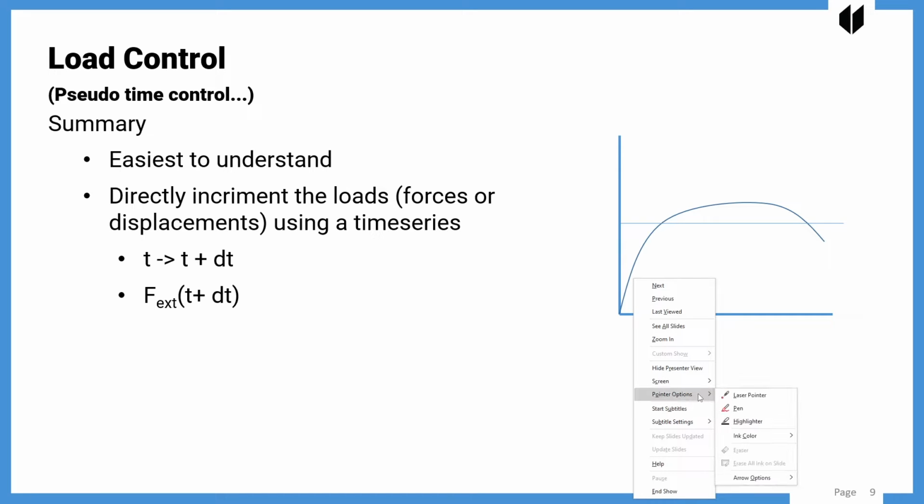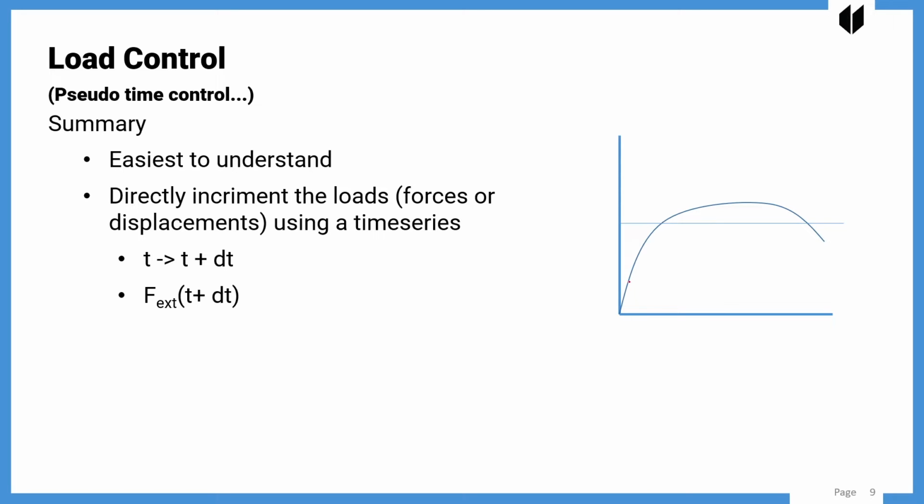And yeah, with load control, you are doing Newton Raphson iterations. So your iterations will look something like that maybe. And as we go from step 1 to step 2, we'll have some sort of load in the model. Note that this is not necessarily increasing.